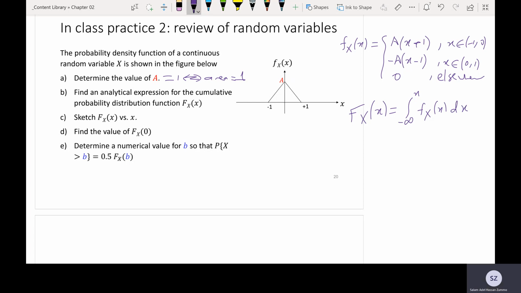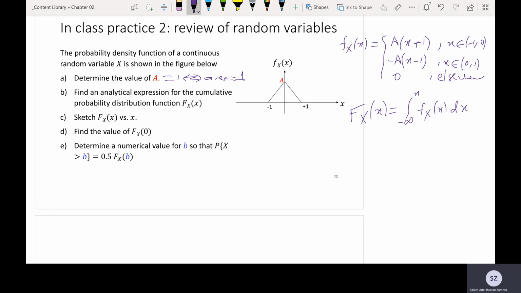Now for every value of x, before -1, what is the value? 0, because it's the integral of 0. And between -1 and 0, what would be the value of F_X? It's the integral of this. It will be a square factor, x squared divided by 2 plus x.